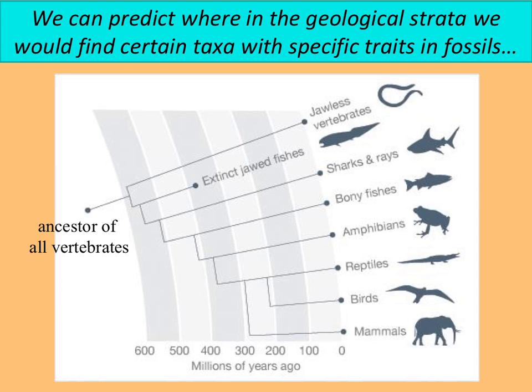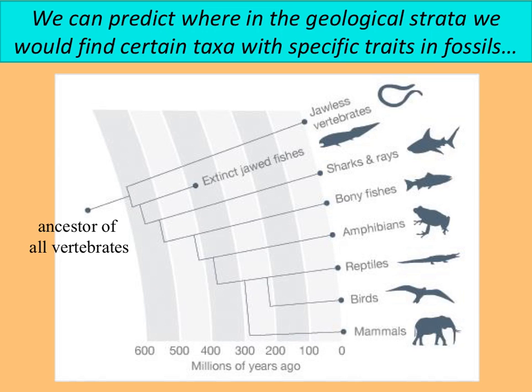Okay, this is kind of where we left off. One of the predictions is that you'll find certain organisms with certain unique traits at certain places in the fossil record, because those traits evolved at certain times and in certain taxa.